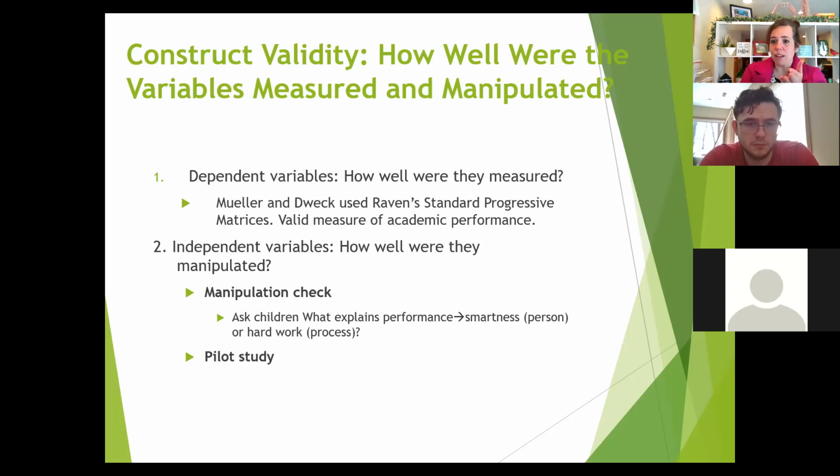So with that, you need to evaluate if that's how you're measuring your dependent variable. You need to know, does it show strong reliability? Is it well respected in the literature? Is it actually a valid measure of academic performance? Like, why are you using that rather than something else?